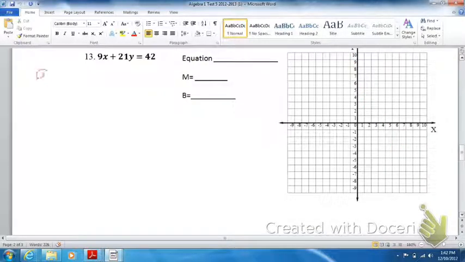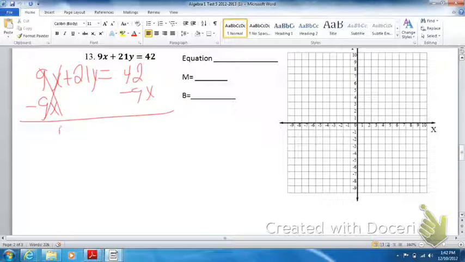Here's the next one. Subtract 9x. Bring down the 21y equals -9x plus 42. Then divide everything by 21.